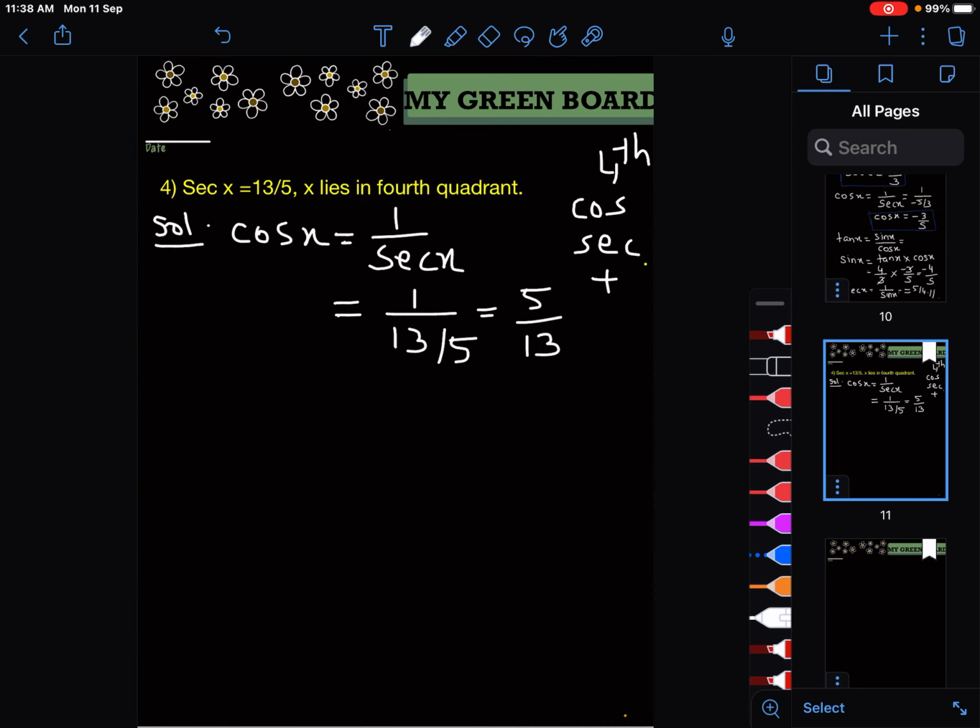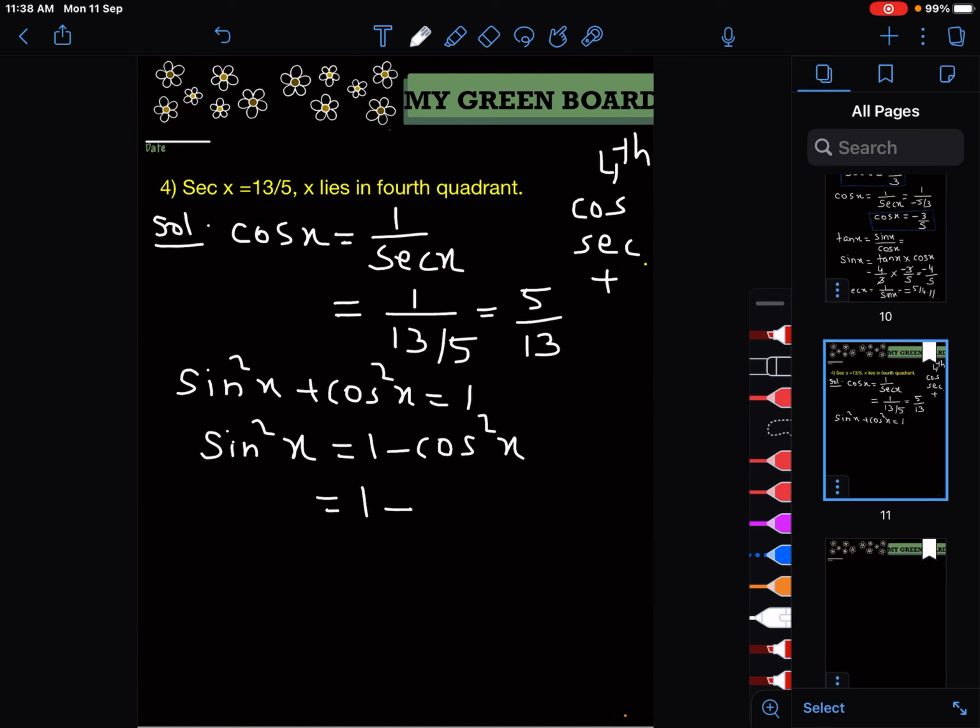Now we have to write the formula. Sin square x plus cos square x is the identity we are going to use, because we have got the cos x value. Now sin square x will be equal to 1 minus cos square x. Okay, so 1 minus 5 by 13 the whole square, we will be getting it as 1 minus 25 by 169.